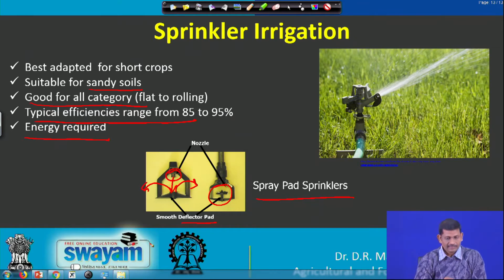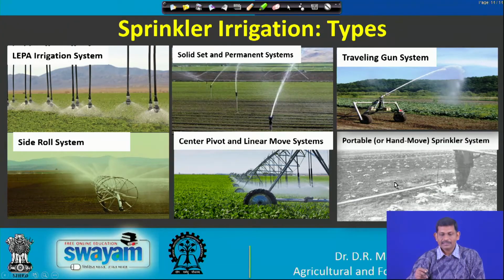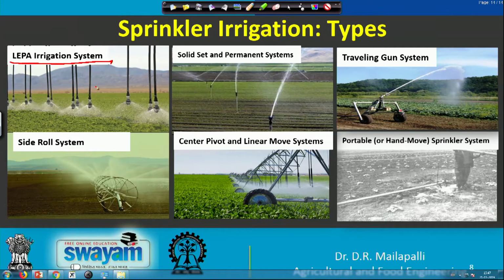Okay. And then the next is the sprinkler irrigation types. If you see, there are a number of types available. One is the LEPA irrigation system, a low energy precise applicator, which was developed in the United States in 1980.